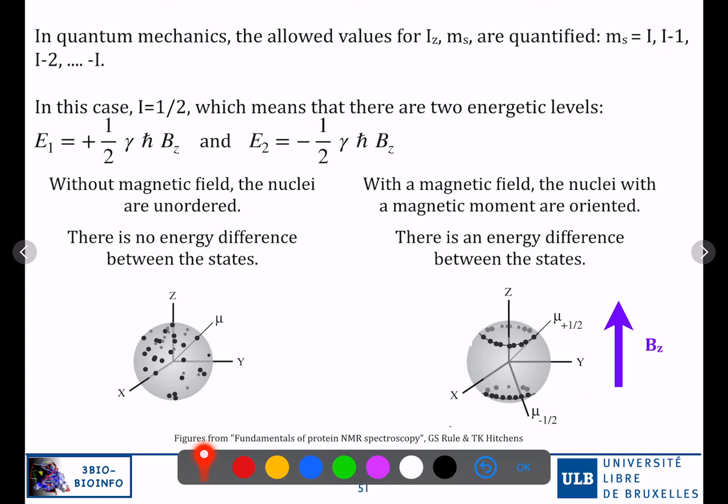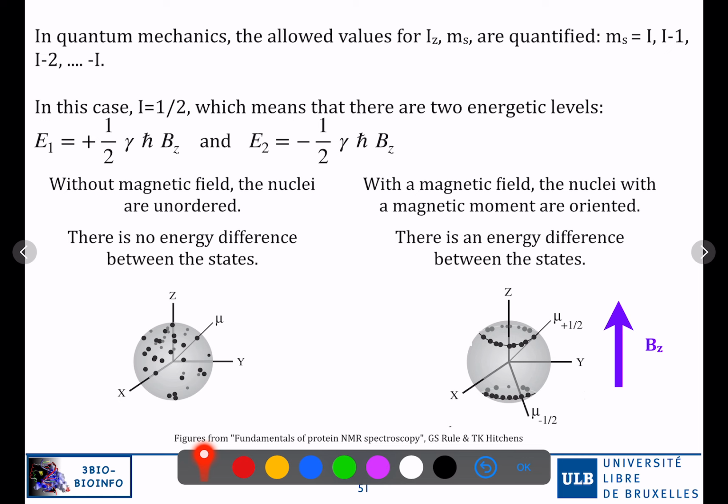And so in your sample, you have a lot of nuclei, and all these nuclei present a magnetic moment, and you have part of the nuclei that are oriented in the same sense of the magnetic field, and another part of the magnetic moments that are oriented in the same direction, but in the opposite sense of the external magnetic field.